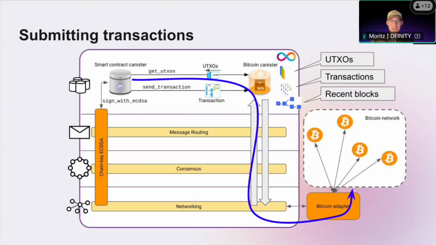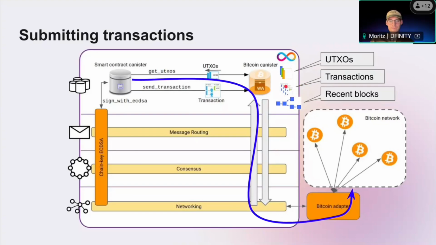If you build a canister smart contract and that canister wants to send a Bitcoin transaction, the Bitcoin transaction is actually submitted to the Bitcoin canister first, where it's queued. So basically, this is depicted here.